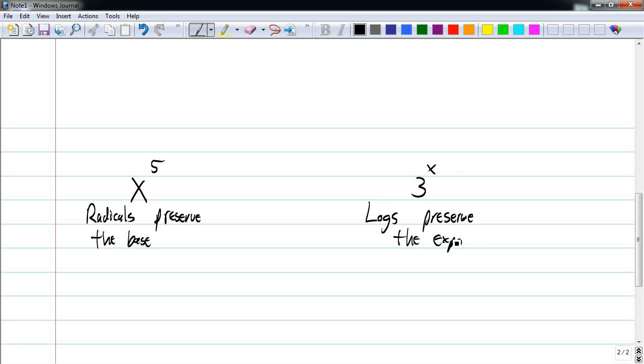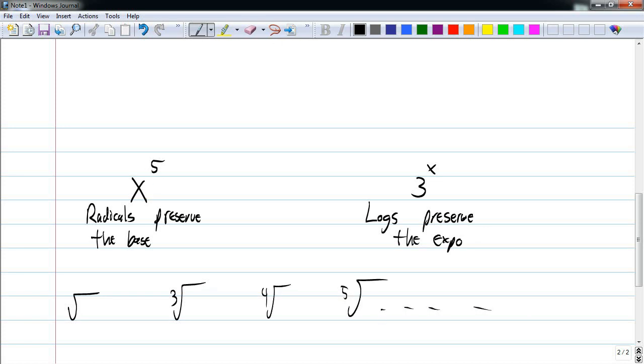Now, there's a radical for every kind of exponent. The type of radical that you are probably most familiar with is the square root. There's also a cube root, fourth root, fifth root, and so on.